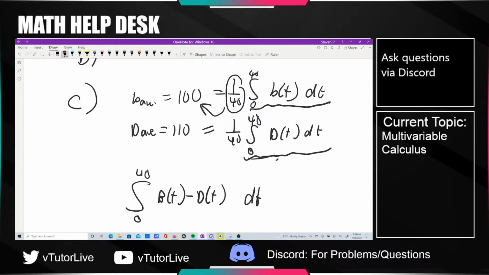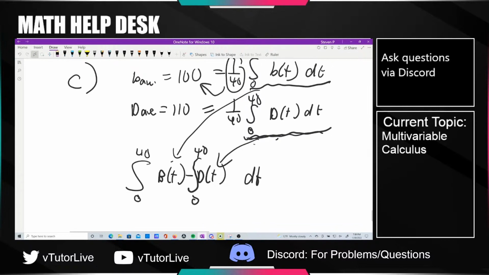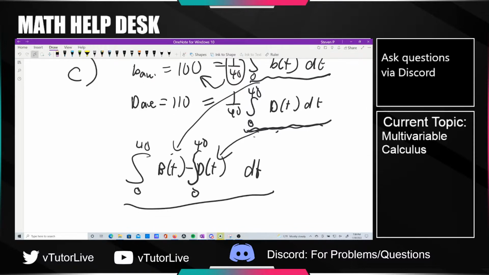Once you've isolated the value for these integrals, you plug it right in, because remember that the integral of a difference is equal to the difference of the integrals, because you have linearity. And once you have a genuine number for this, it tells you the net change in population over whatever time, I guess over 40 years.